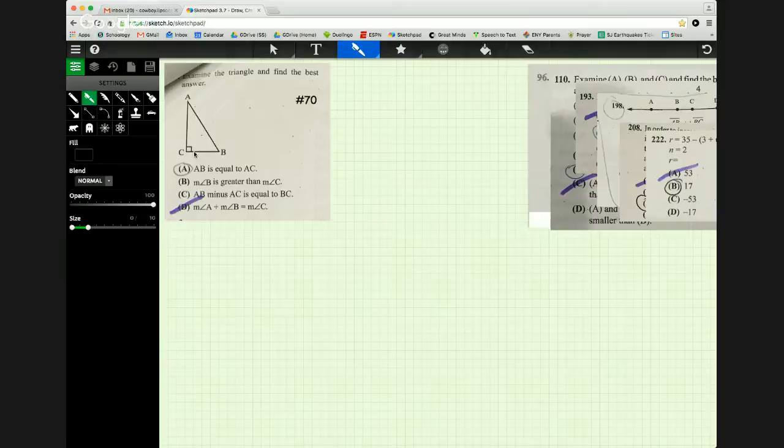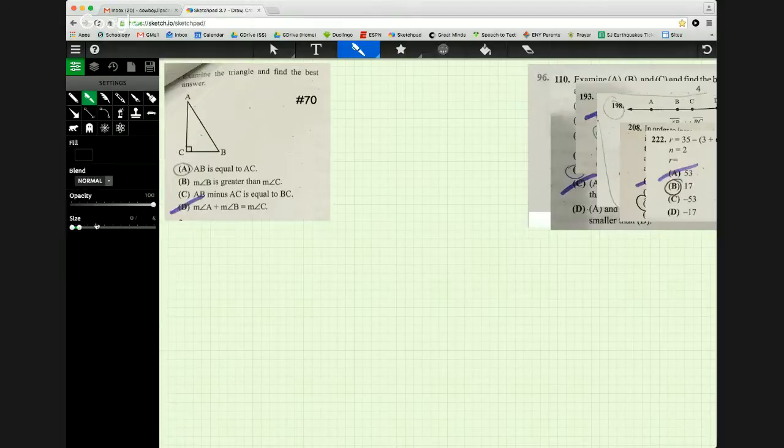Now, one of the keys is that they're going to give you a drawing such as this, and they're going to give you a constraint. But as long as certain things are not told to you, you cannot make assumptions about the varying shapes. For example, all you know in this picture is that you have a right angle right here.